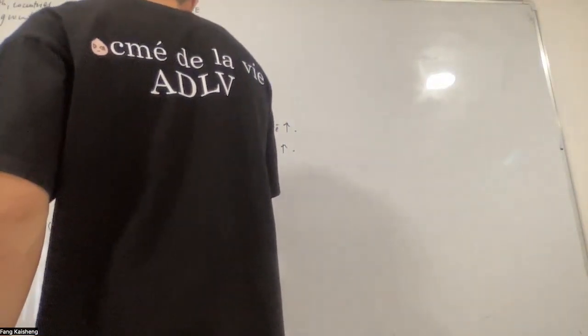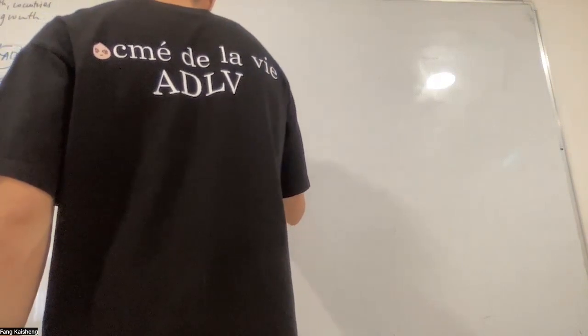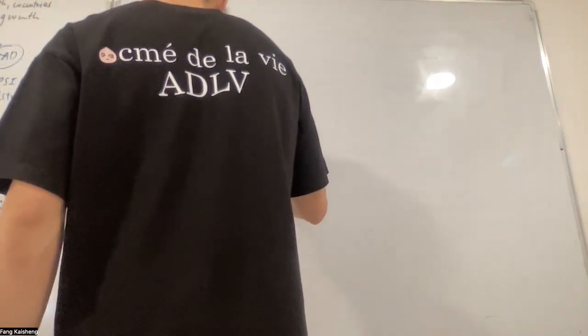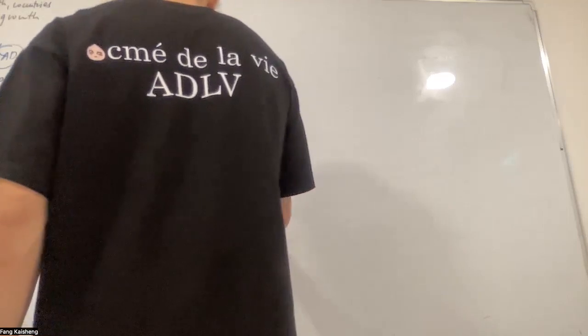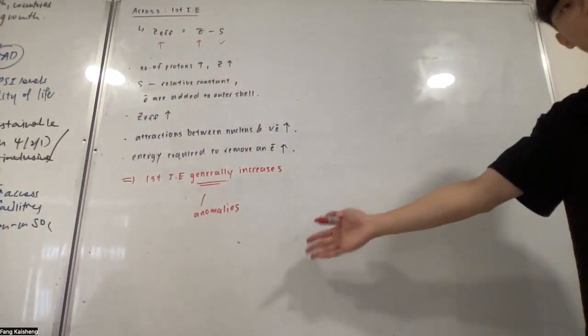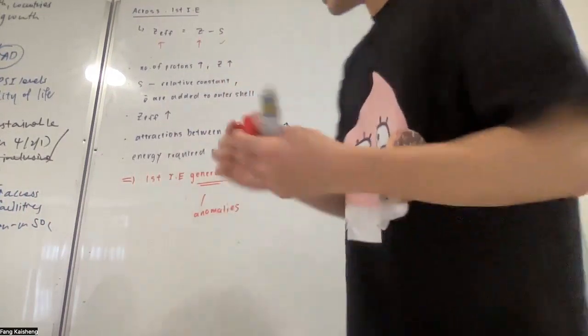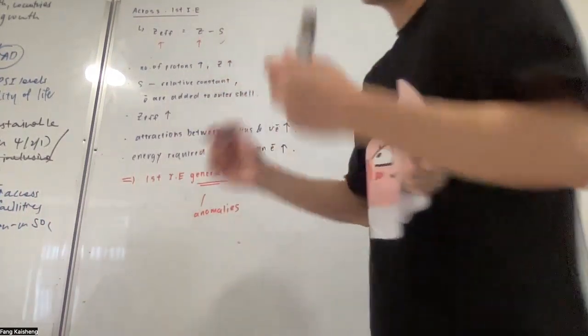This is where things get a little bit more interesting. The first ionization energy generally increases, because this implies there will be certain anomalies that we need to discuss. Anomalies being that overall it's increasing, but there will be some decreases, and our job is to explain these decreases.